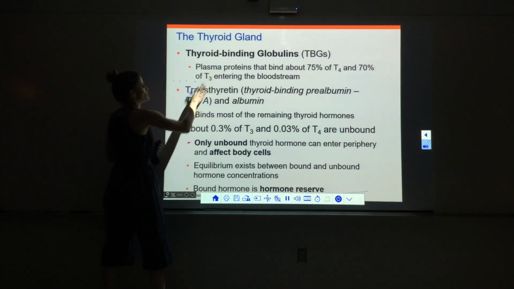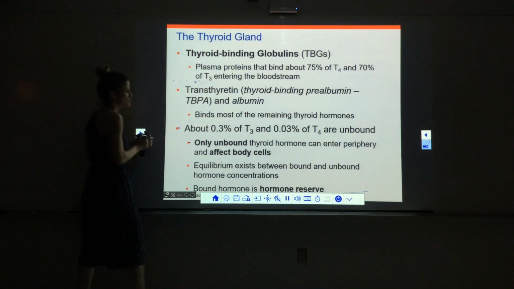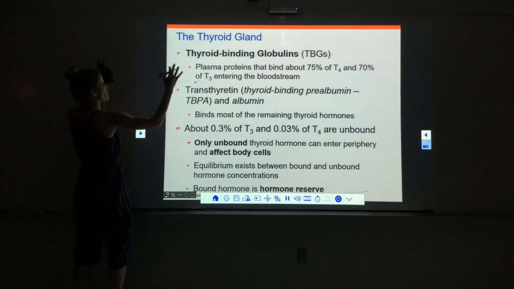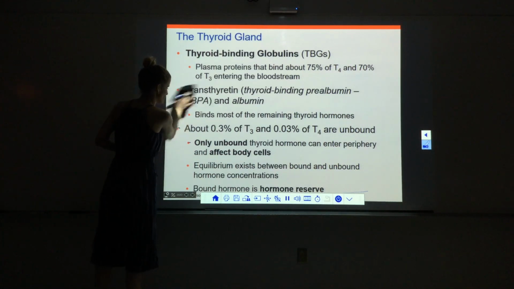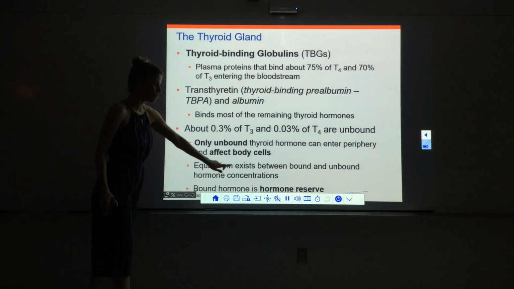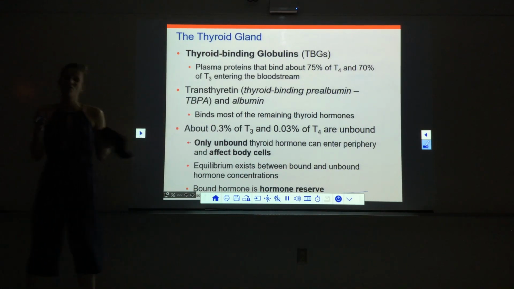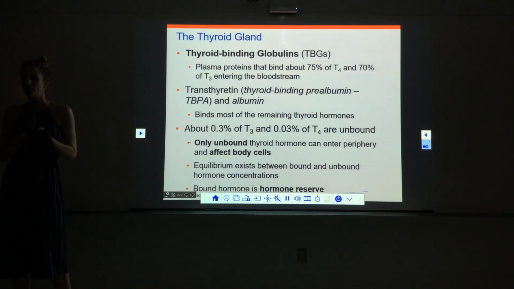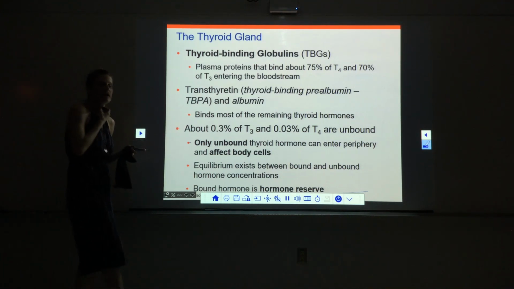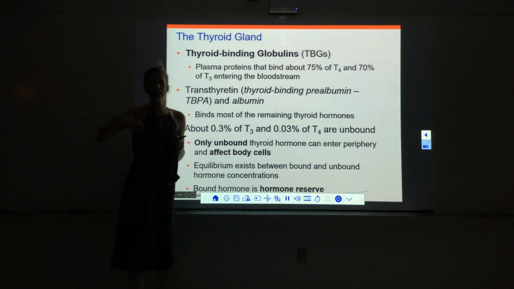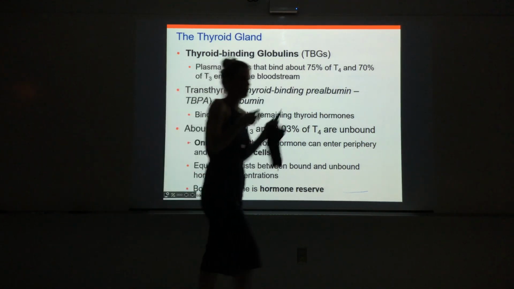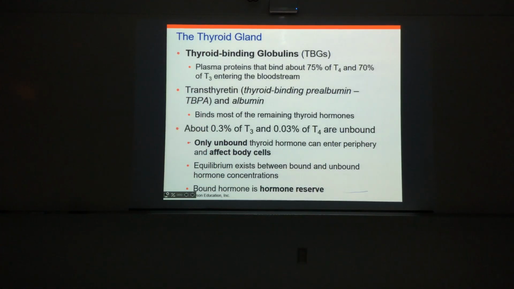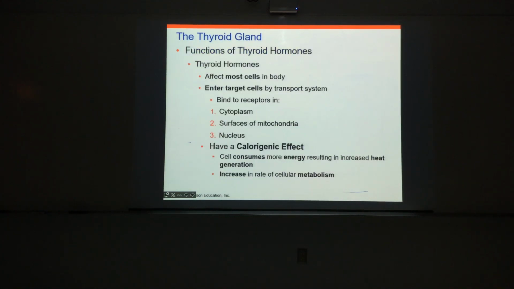So you've got all of this built up thyroid hormone just hanging out in your bloodstream. Again, we call that a hormone reserve. And for thyroid hormone, it's up to about a week. So if I took my thyroid gland out right this second, I would still have a week's worth of thyroid hormone in my bloodstream because of all of that bound hormone that's present. All right, we'll stop here.